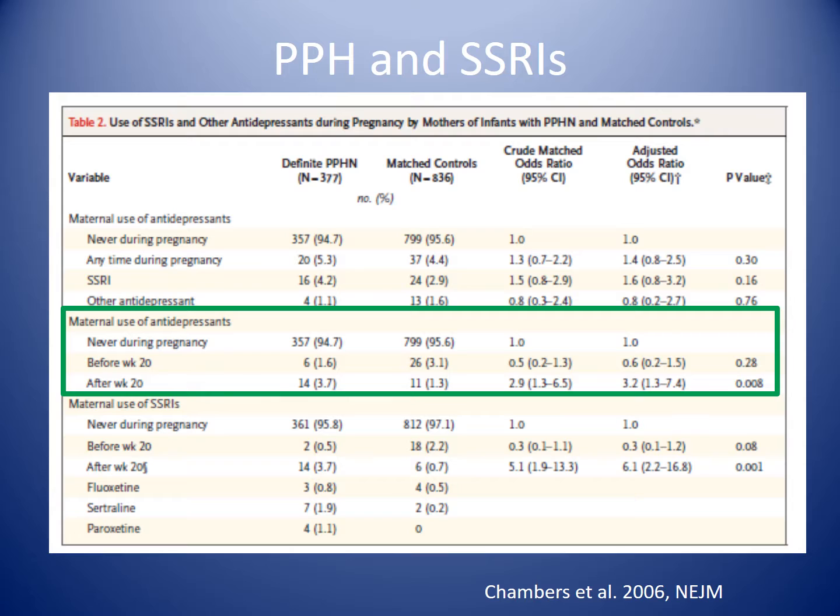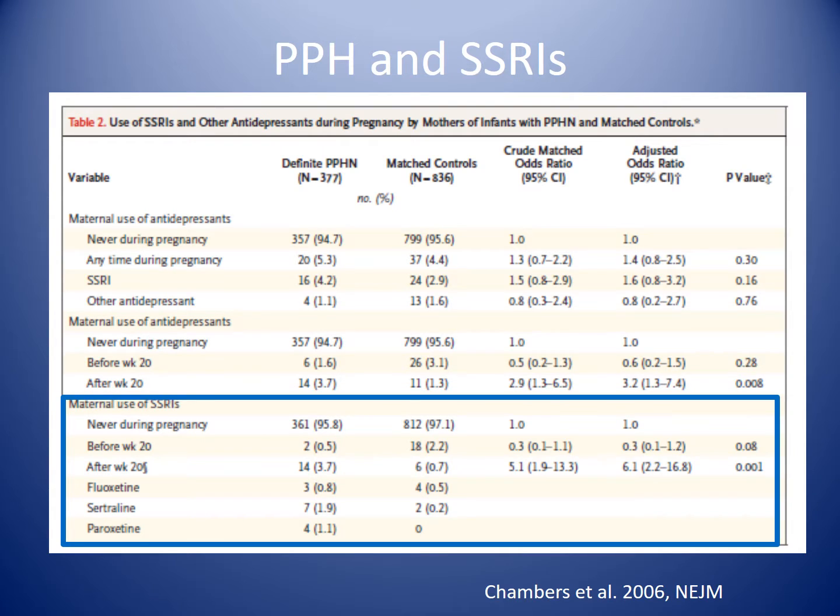But here's the very interesting part. Those who took antidepressants after 20 weeks had a 2.9 times greater risk of their baby having PPHN, and that, according to the p-value, which is very, very small, is significant. And then if you look just at SSRIs, you see something similar.